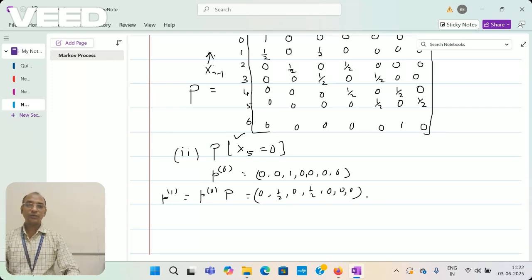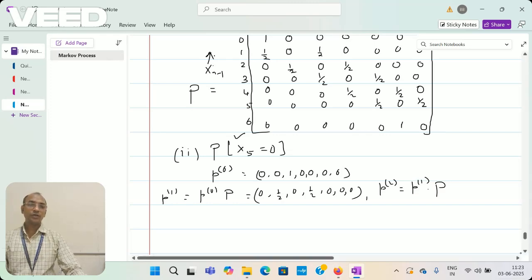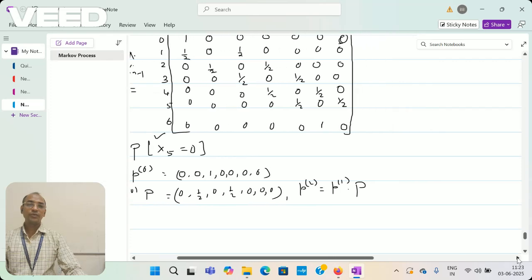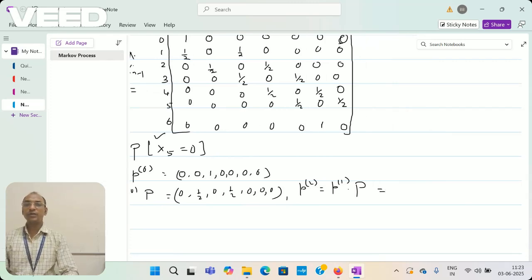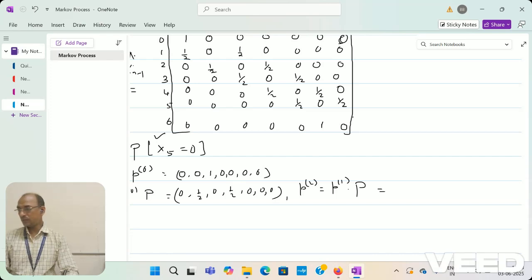Similarly, you can find P2. P2 will be nothing but P1 into the TPM P. If you find the product of P1 with P, P1 is this one and P is this, and if you find the product, you will get 1 by 4, 0, 1 by 2, 0, 1 by 4, 1 by 4, and 0.